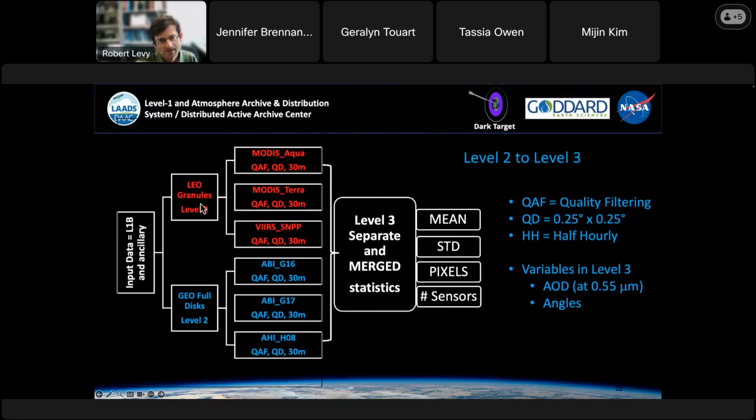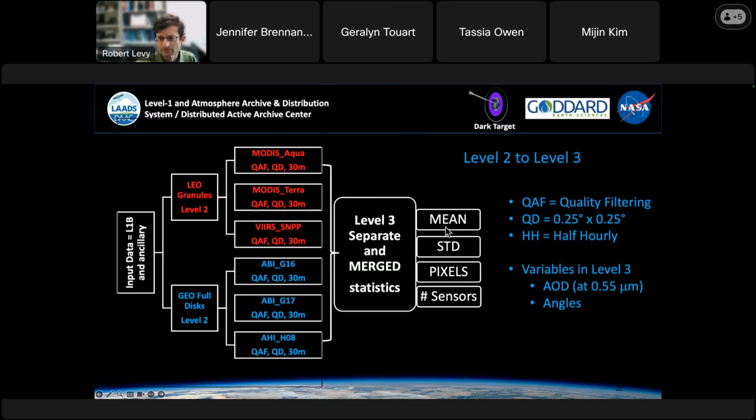All the individual level 2 retrievals along orbits have different diagnostics and quality assurance, and we're going to use that information for quality filtering and create everything on a 1/4 degree by 1/4 degree grid with 30-minute time intervals, so that we have statistics of the individual sensors as well as merged statistics.